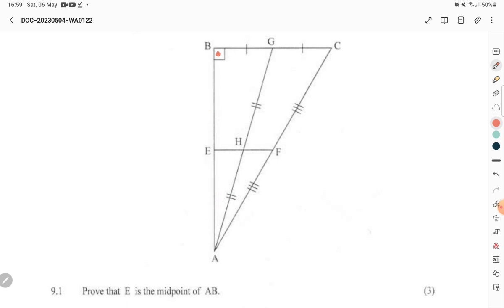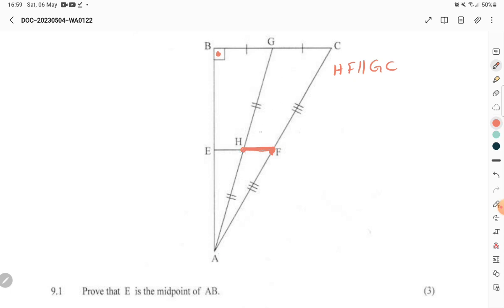All right, but it is very wise to remember that HF is parallel to GC, right? This HF is parallel to GC because this is the line drawn through the midpoints of two sides of a triangle. This F is the midpoint of AC and H is the midpoint of AG.